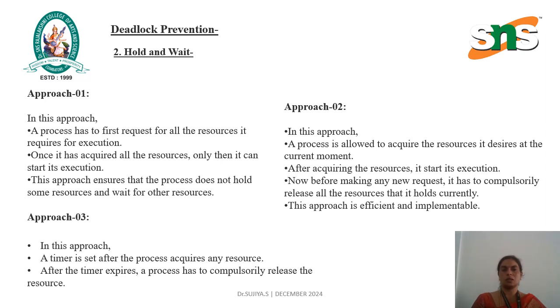So the difference is: in approach 1, we request the resources beforehand to complete a task; in approach 2, before making a new request, all the resources held by the previous task have to be released; and in approach 3, a timer is allocated. If the process has not completed in the given time, the resources are forcefully removed from the process and given to another process. So these are the three approaches suggested for hold and wait.